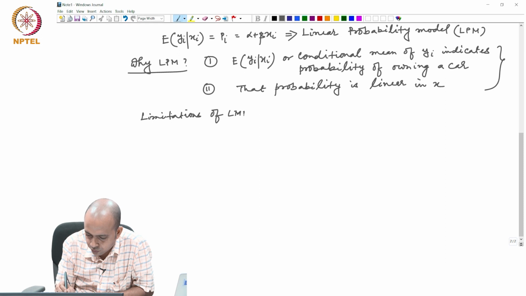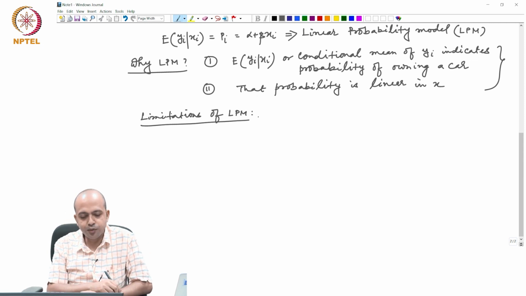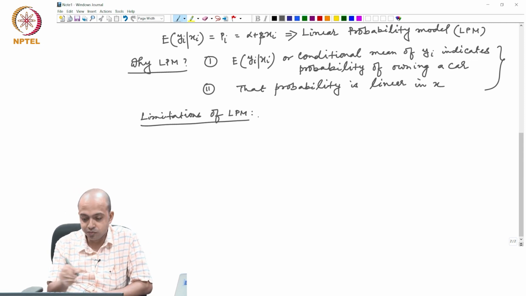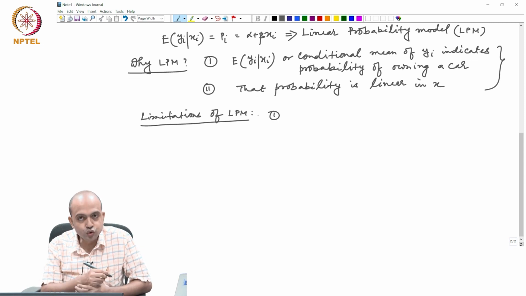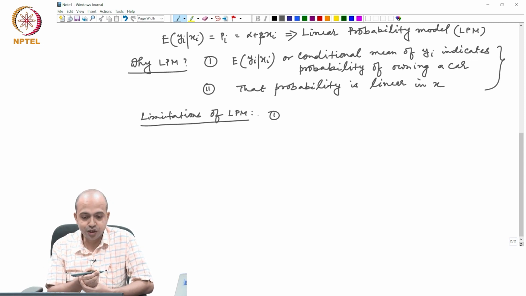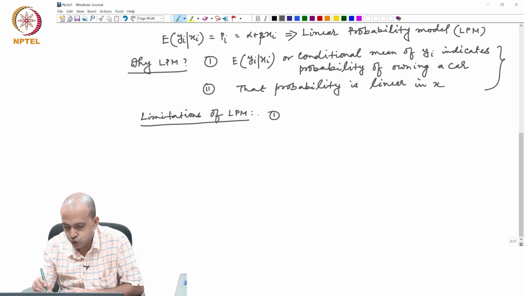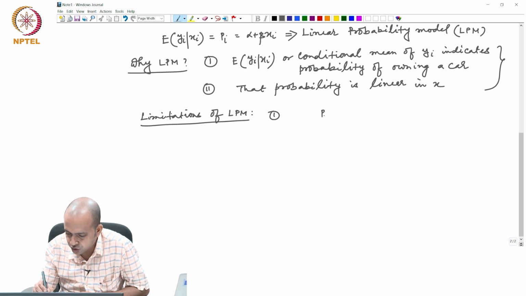Can you think of? The first one is, as you know from the properties of probability, that Pi should always lie between 0 and 1, right?